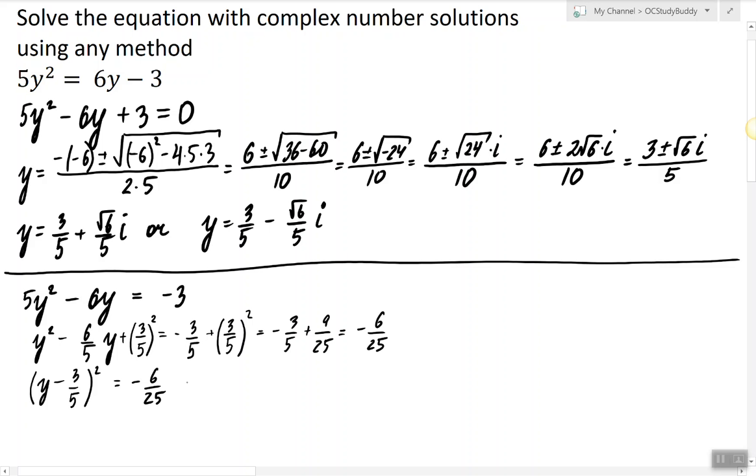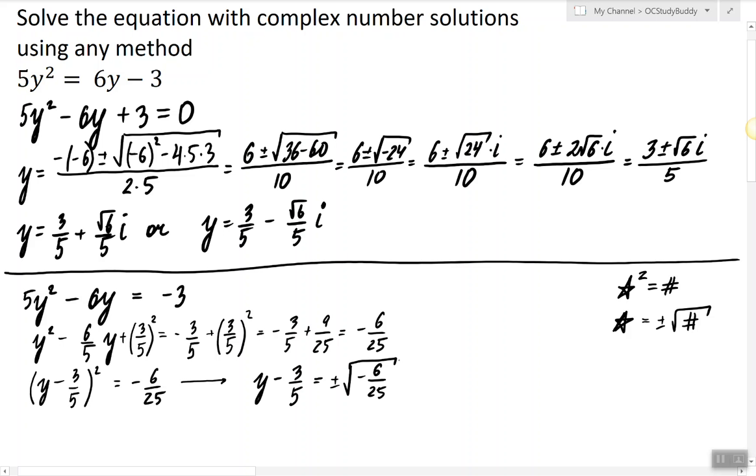Next, we use the square root property. Let me again remind you what the square root property is. It says that when something squared equals a non-negative number, then that something is either plus or minus the square root of that number. And actually it doesn't have to be non-negative now because we do know complex numbers. So applying the square root property here gives us the following statement: y minus 3/5 is equal to plus or minus square root of -6 over 25.